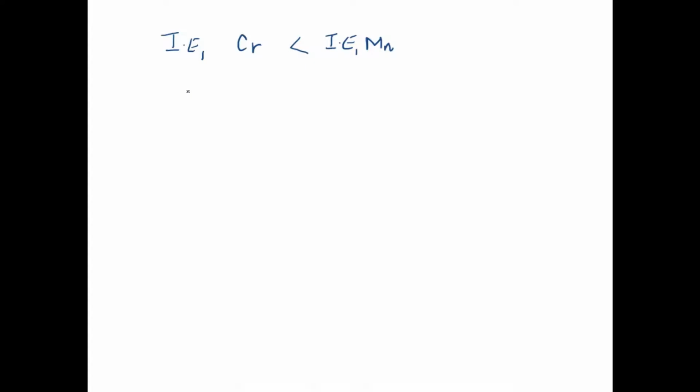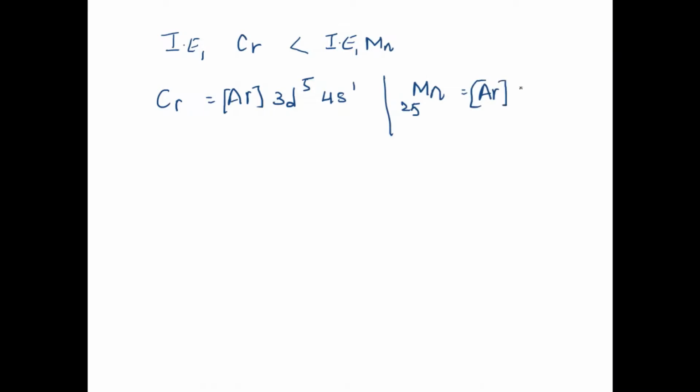Why? That is all because of the configuration. The chromium configuration is argon, that means 18 electrons, then 3d5 4s1. Whereas manganese, with an atomic number of 25, has the configuration argon 3d5 4s2. Can you see, for manganese the s orbital is completely filled, extra stability, and the d is half filled.